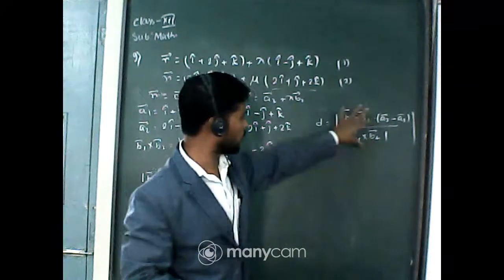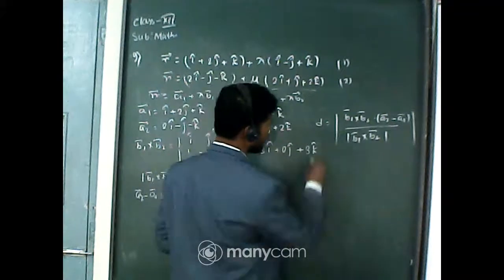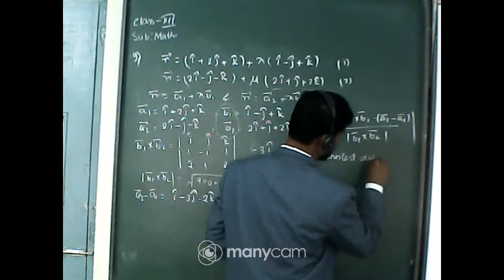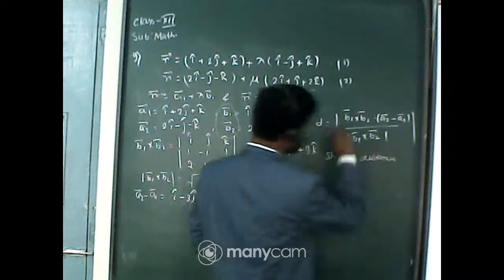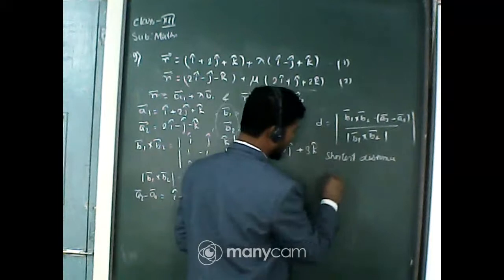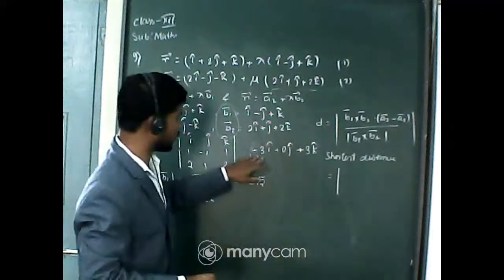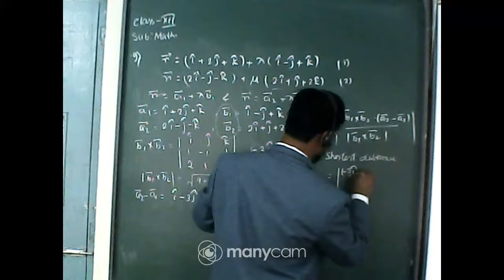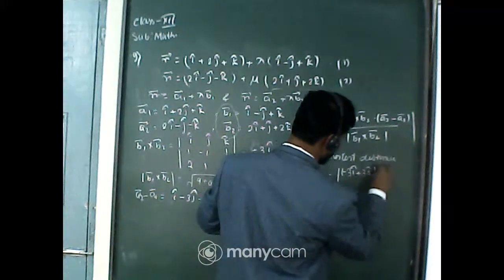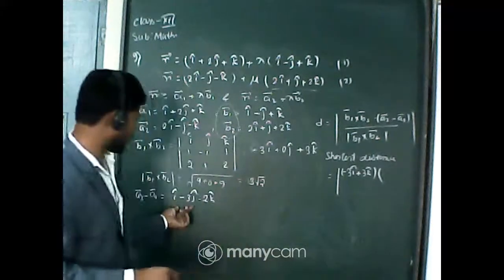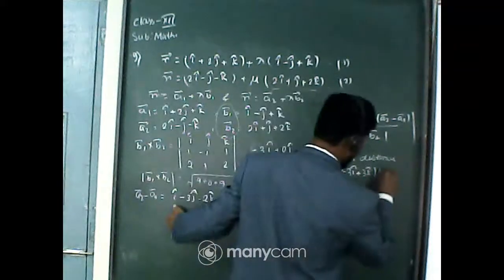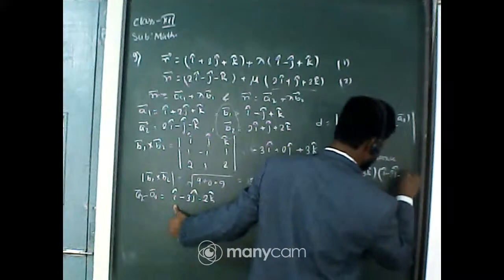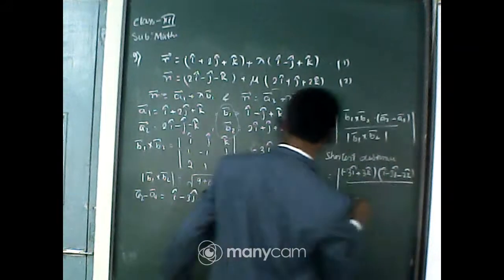So therefore the shortest distance is equal to, write this formula and then put in the values. So b1 cross b2 is equal to minus 3i plus 3k, dot a2 minus a1, which is i minus 3j minus 2k, divided by mod of b1 cross b2, that is 3 root 2.